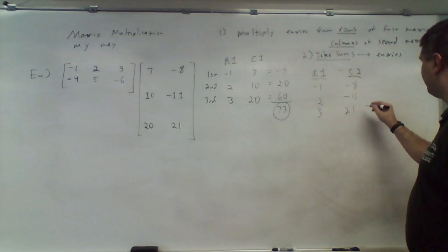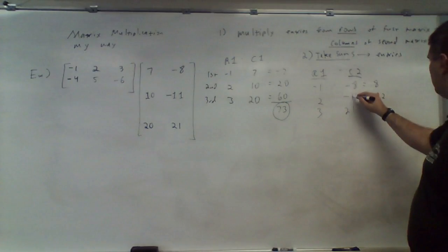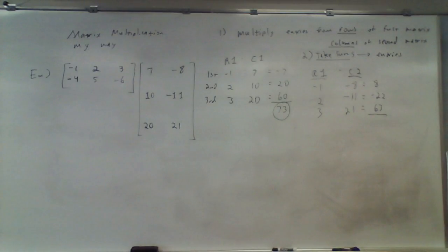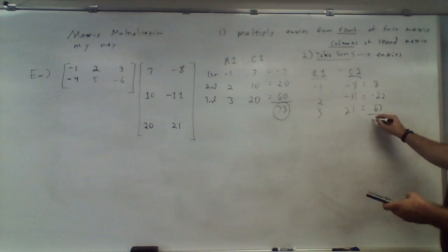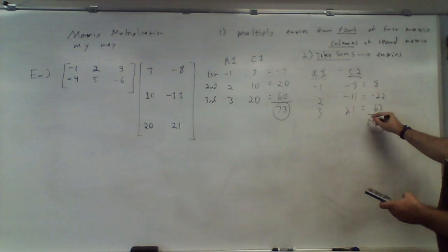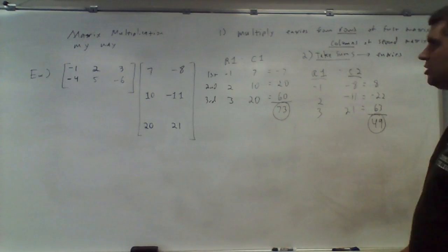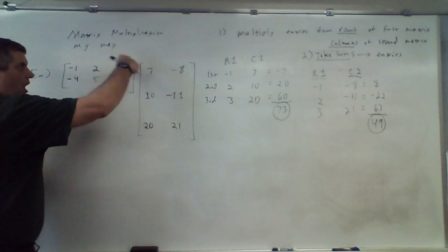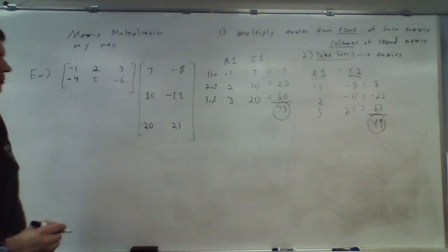That's going to be 8, that's -22, and that's 63. So 8 plus negative 22 plus 63 is 49. Okay? So I have done row 1 by every column. Now I repeat the process for row 2.